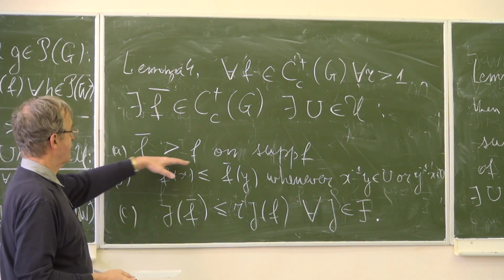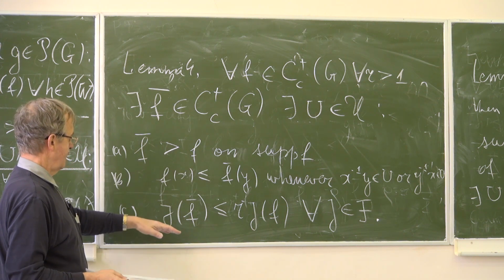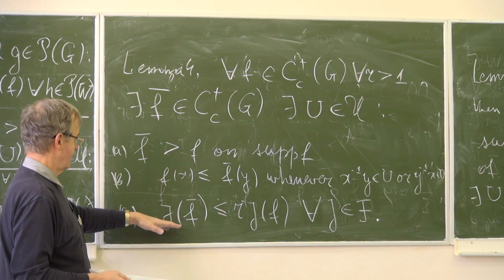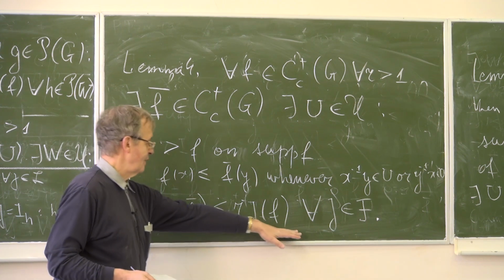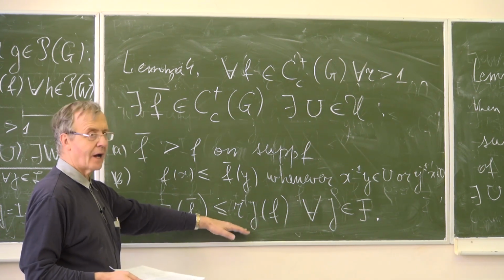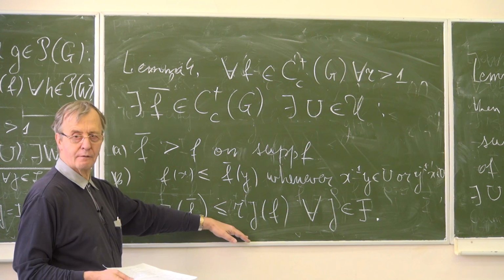So this f bar is slightly greater than f. Slightly means that all functionals in our class on f bar are only slightly greater than their values on f.